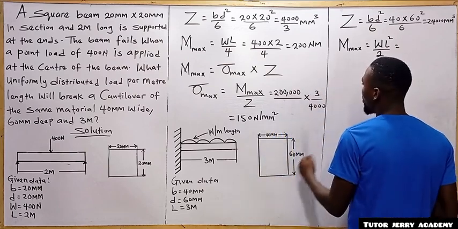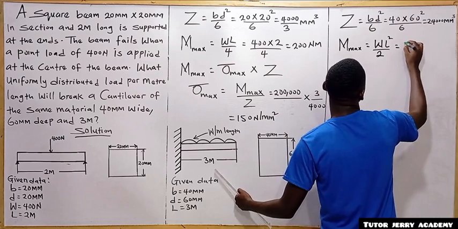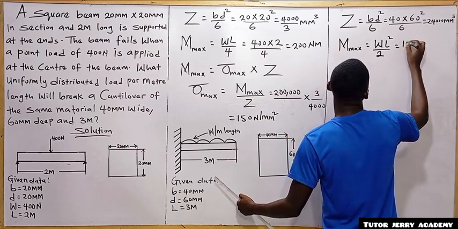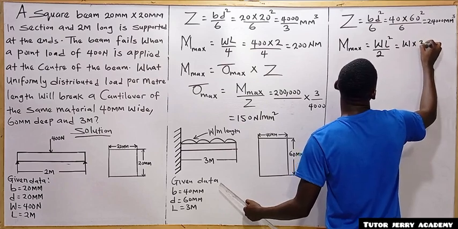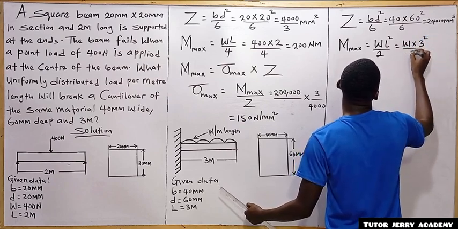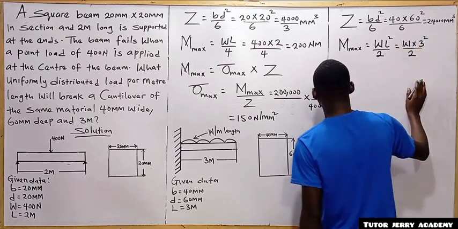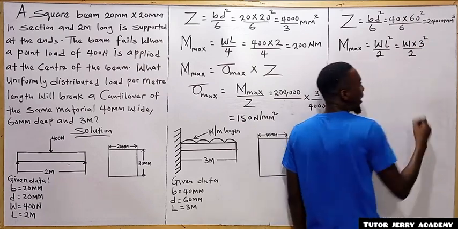We don't know what our W is, but we know what our L is. So it's going to be W multiplied by 3 square divided by 2.